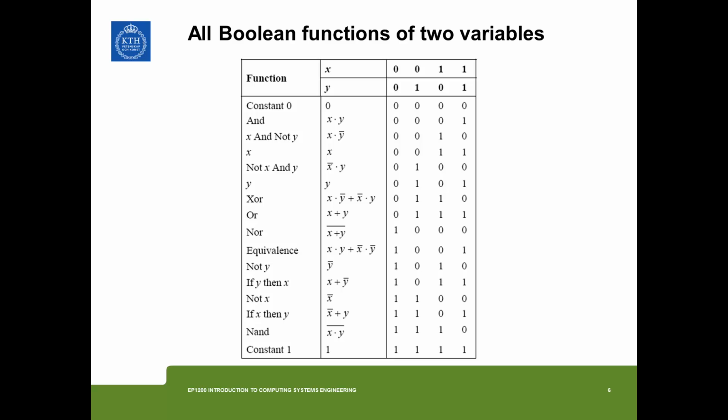Each line corresponds to a specific function. Like the first one corresponds to a constant 0, while not y corresponds to the line here. We see that it is the inverse of the y input.